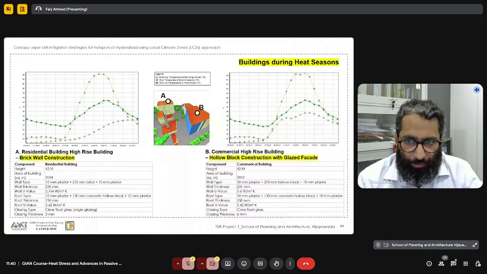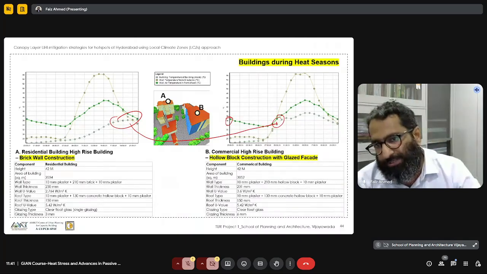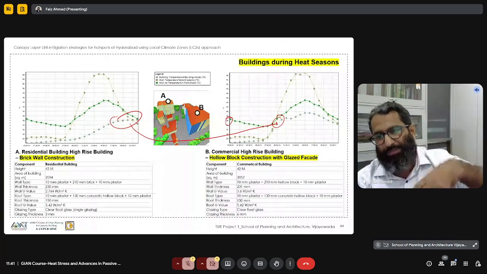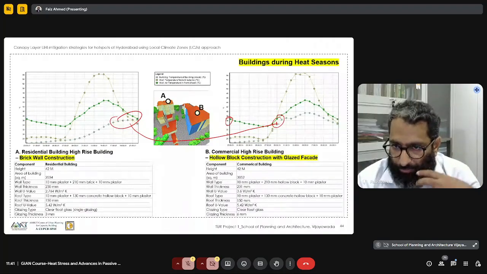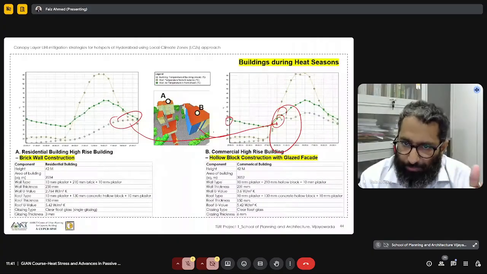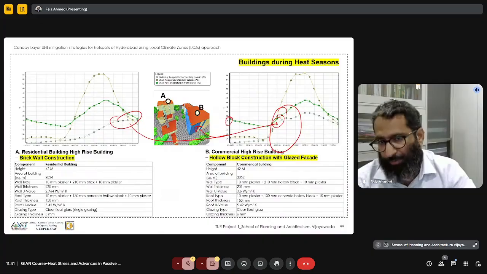Whereas in your glass building, the indoor ambient temperature reaches about 36 degrees even in the morning itself. Why? Because of the poor choice of material that we have in our building.